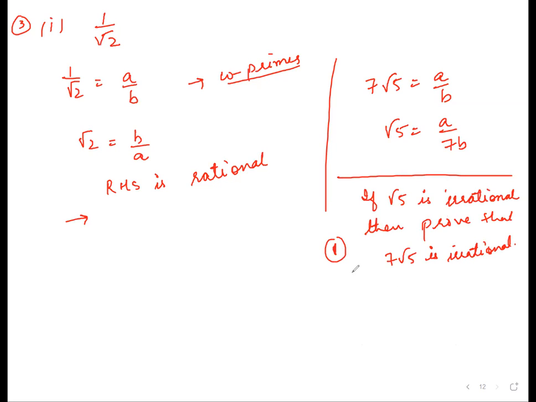So if it's a short question and it is already given, you don't have to prove separately that under root 5 is irrational. It is already given, so you can directly use this given statement. And if it is a 2 or 3 mark question, you will first of all prove that under root 5 is irrational, and then you will show that your left hand side is irrational and your right hand side is rational. So there is a contradiction. Like this, the contradiction is because of our wrong assumption, and therefore 7 under root 5 is irrational. Clear? Yes.